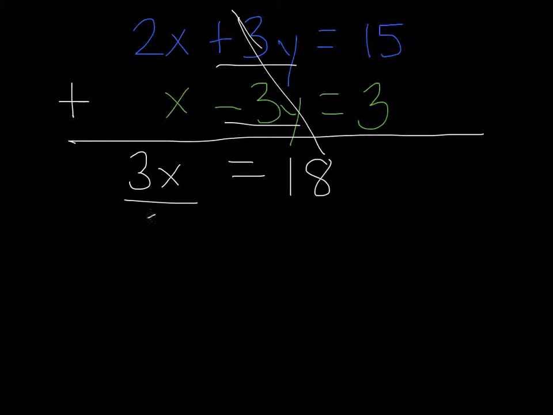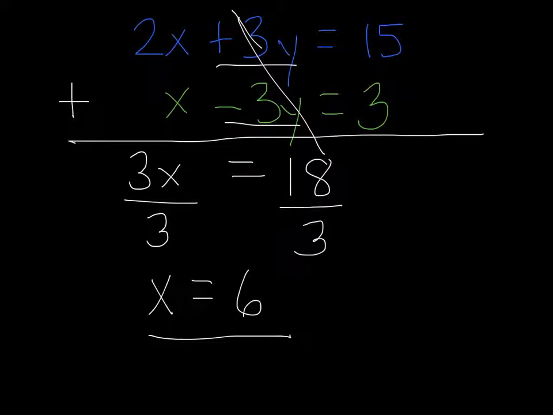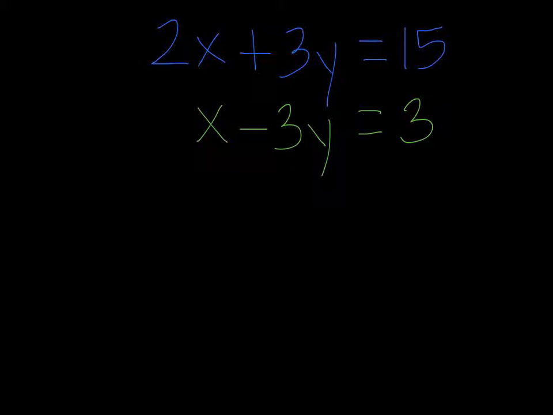And then if we divide both sides by 3, we find that x in this situation has a value of 6. So then, if we know that x has a value of 6, we can go back and substitute in 6 for x to solve for y. All right, so we already know that x has a value of 6.